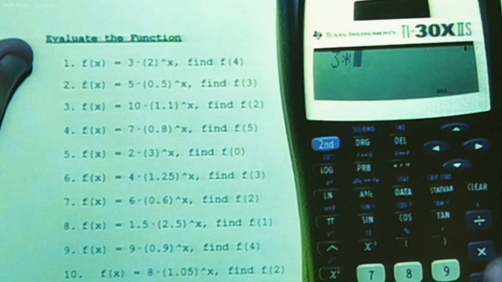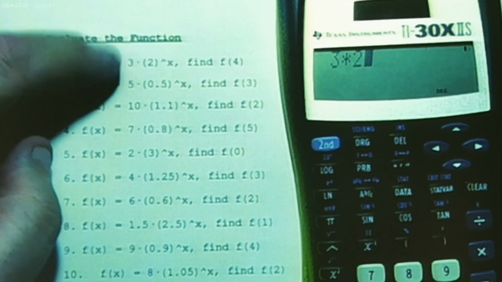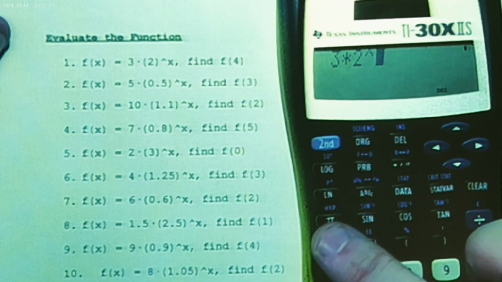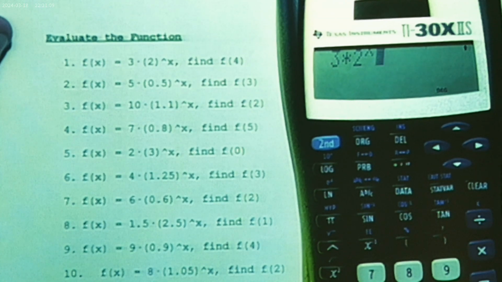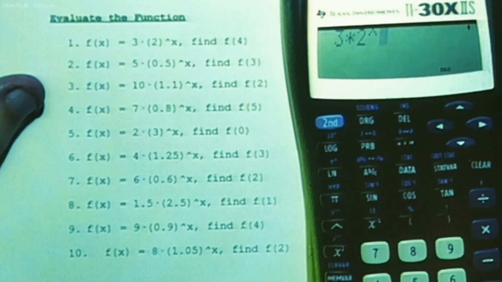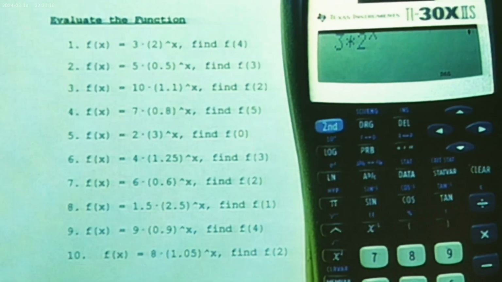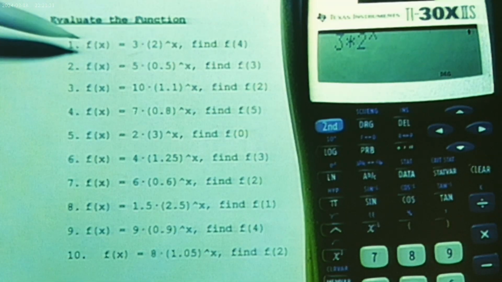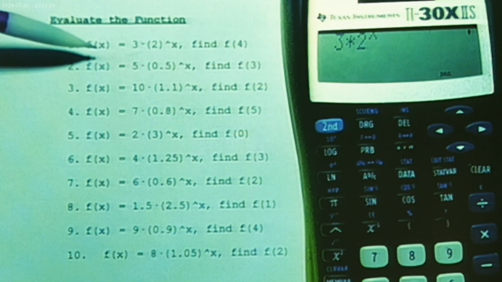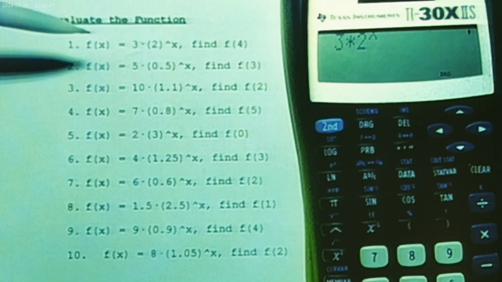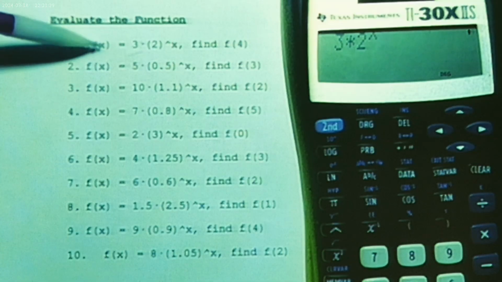All right, let's do 3 times 2 to the x. I'm going to use the little up caret here, and it goes up to the x. The way function notation works is if you have f of x, everywhere there's an x on this side, you substitute in the value that's in the bracket area here.